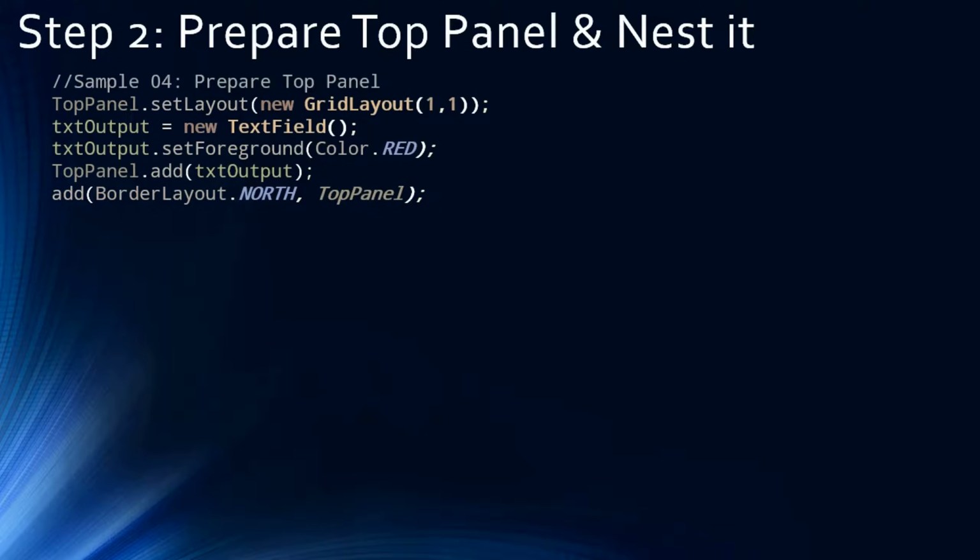And the panel will get added to the frame window along with its control, which is a text field. And when the panel is added to the frame window, the frame window's border layout manager manages this panel. Since we specified north, the panel is added towards the north of the frame window.